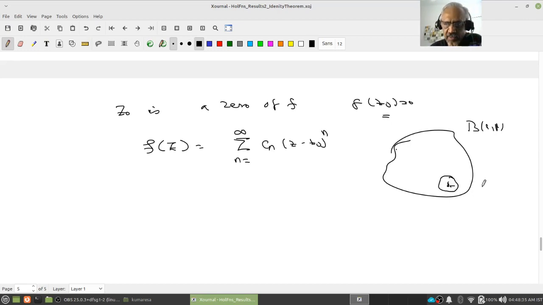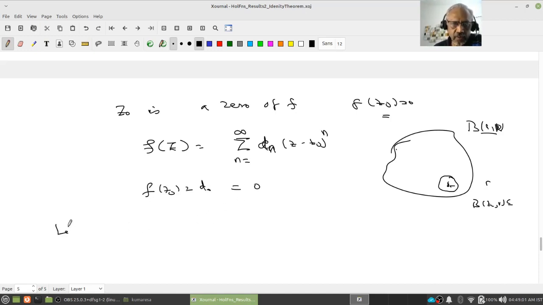Therefore, there is some other R so that B_z0 of R is contained in B_R, and therefore I can write it with coefficients Dn. Now notice that f of z0 is d0, therefore that is 0, right?